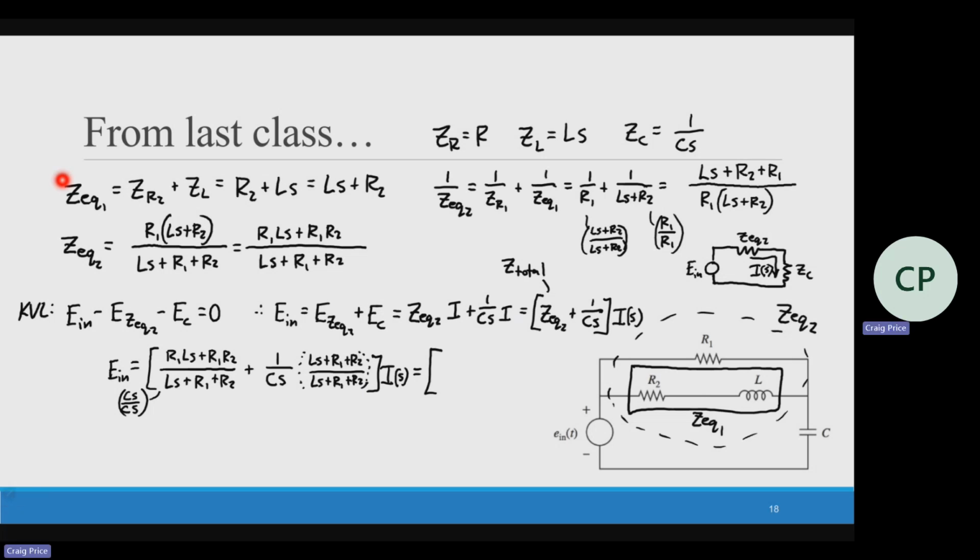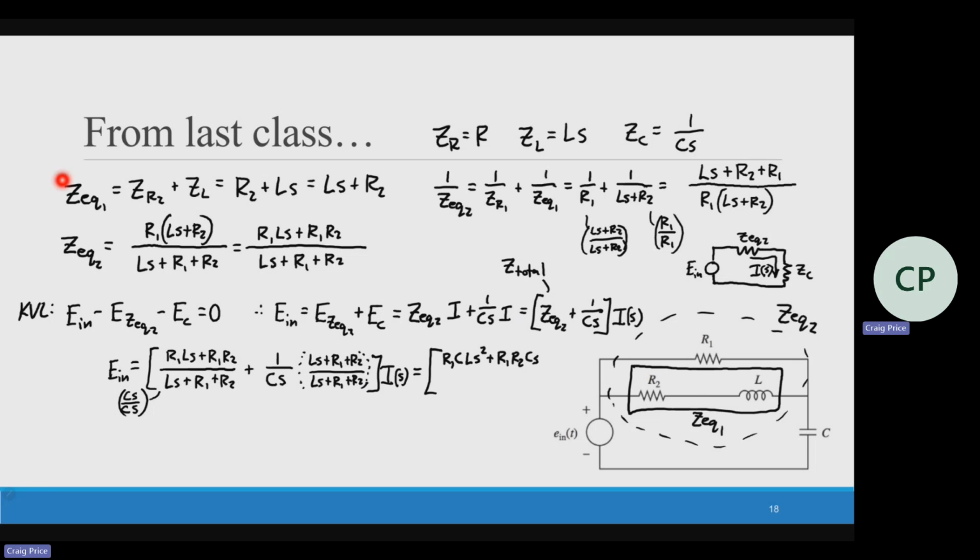Okay, so these all are going to get multiplied by CS. My denominator is going to be the same. It's going to be CS times all of this. And then we're going to add it that way. So we get R1 C L S squared plus R1 R2 C S. So that's this first, then this second.